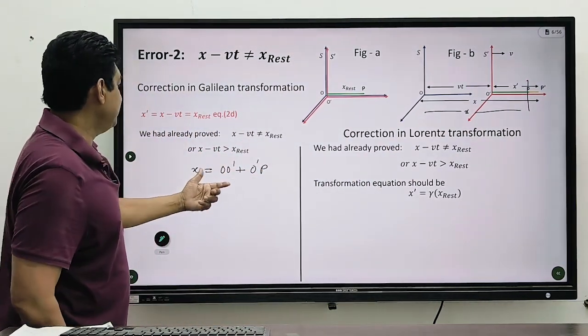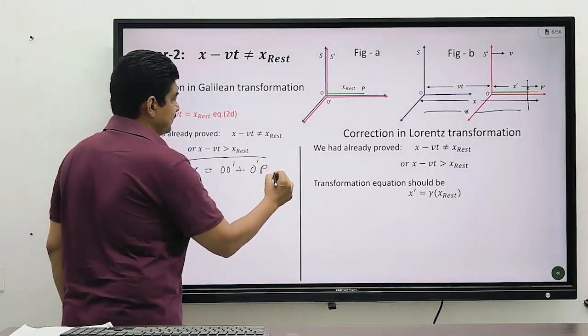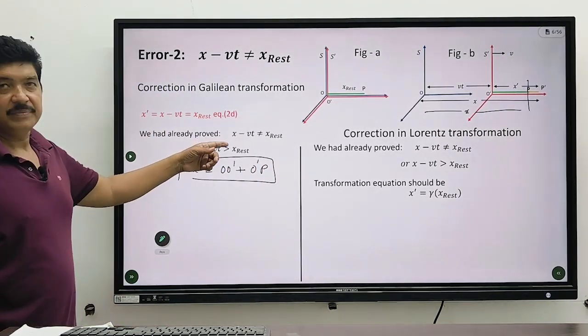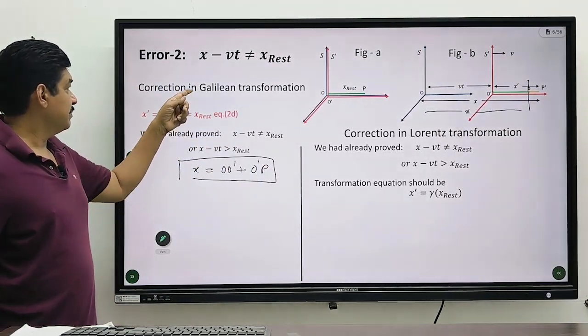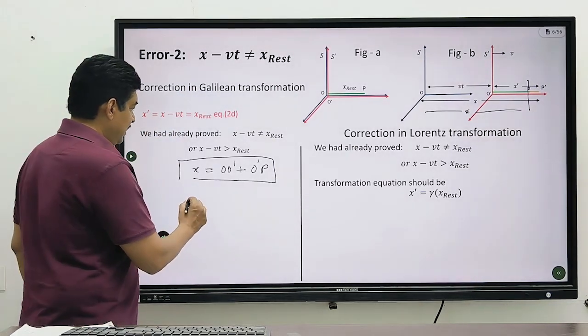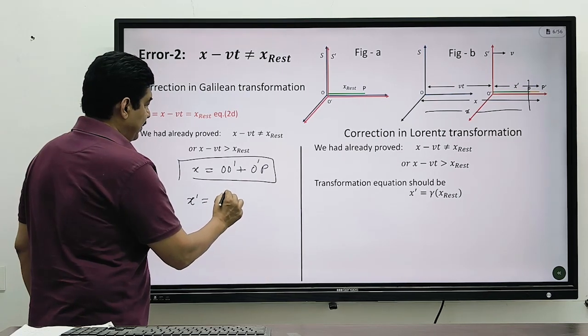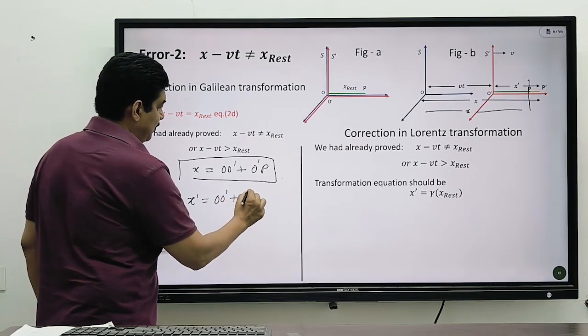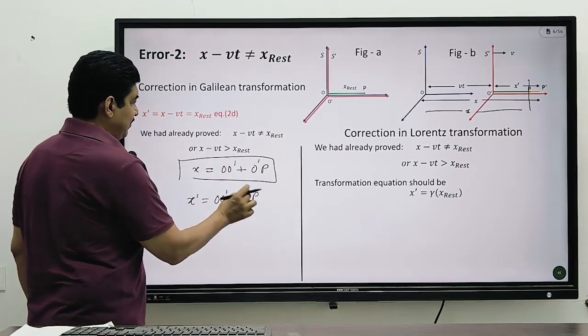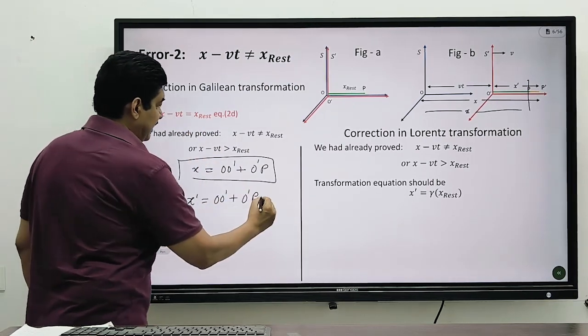So when you put this value of x in the equation given by Galileo, then x prime is equal to O prime plus O prime P, that is the value of x, minus Vt.